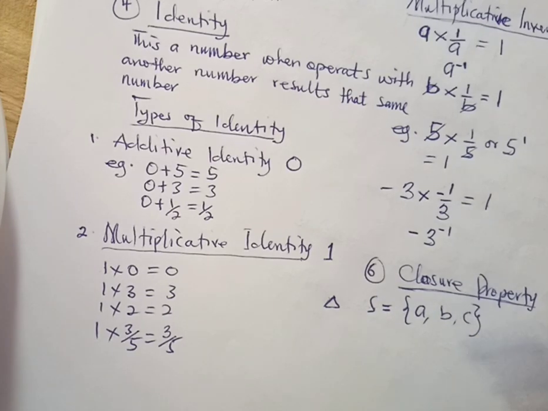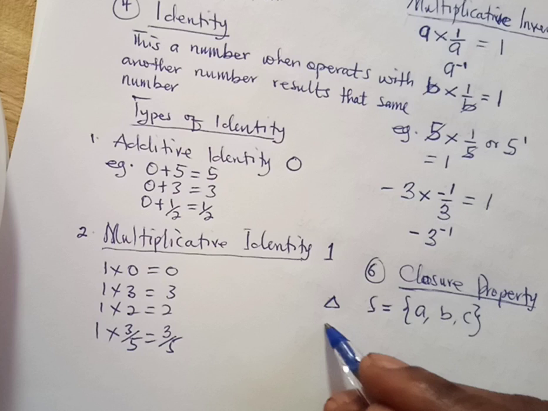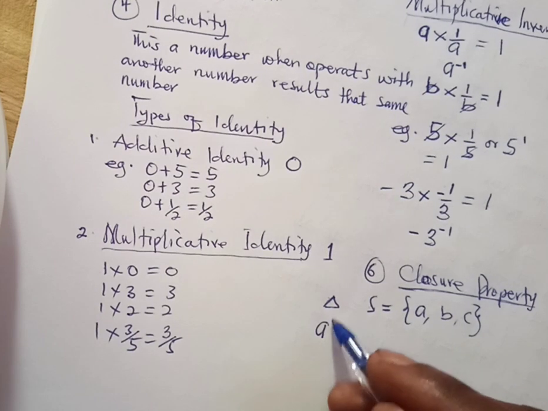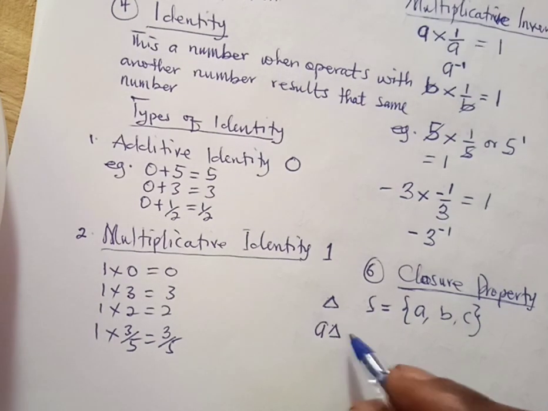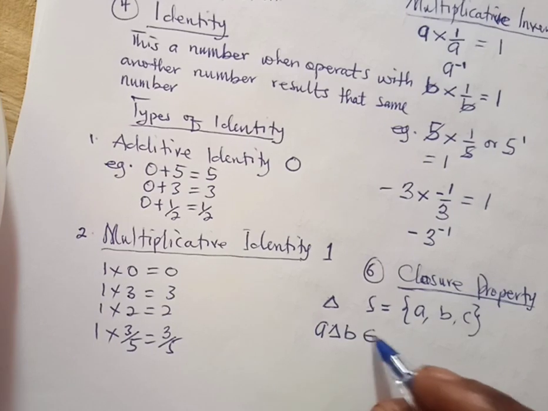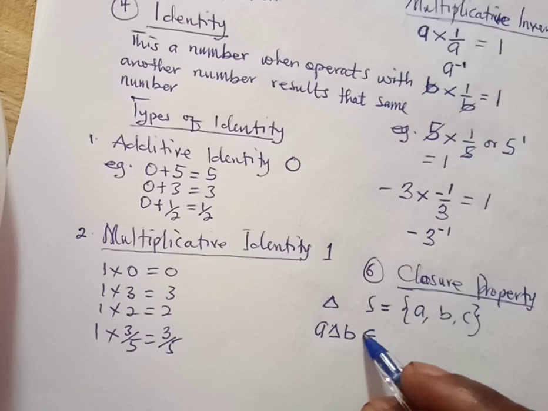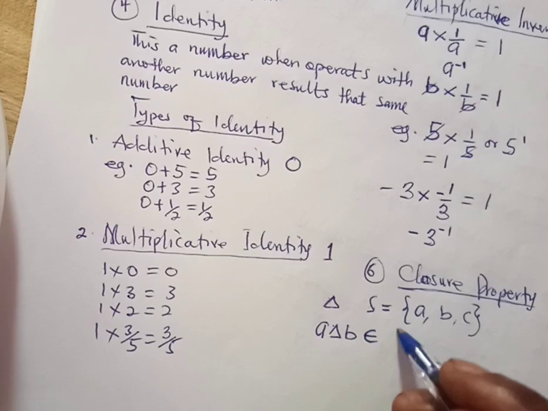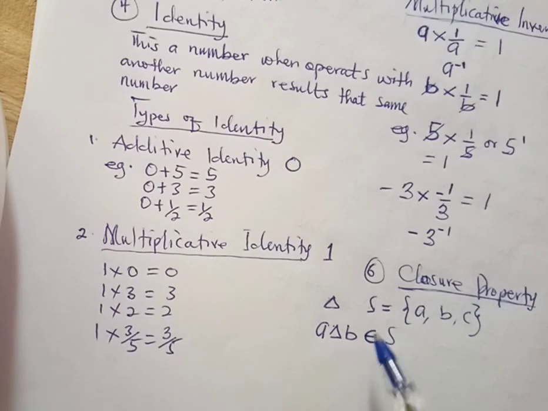Have you gotten that? So what we are saying is, if I pick A operation B, this should belong to set S. If I pick two elements and operate with each other, the answer I get should belong to the set S. That's the closure property.